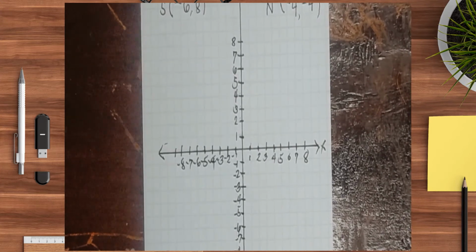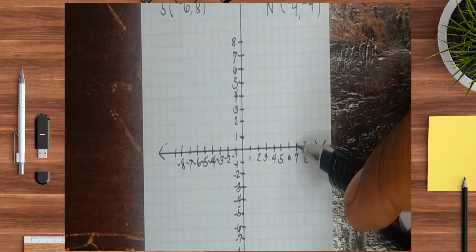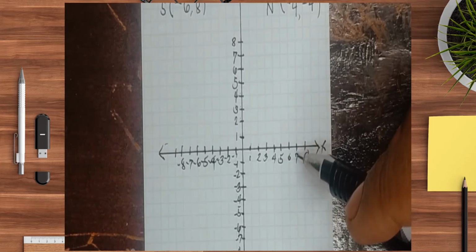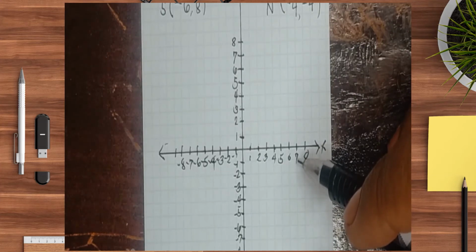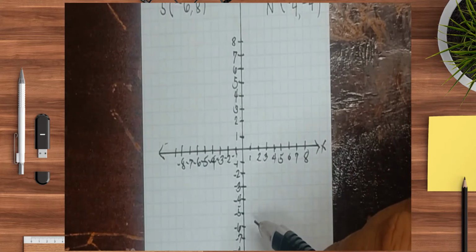Plot the points now. Let's start with our point O, with the coordinates 7 and negative 5. Now let's start with our x coordinate, which is 7, so it's here. And since our y coordinate is negative 5, it's going to be going down, and we have to count 5.